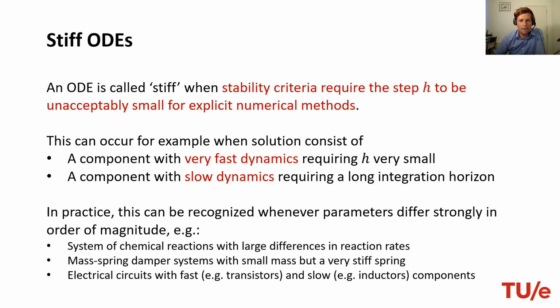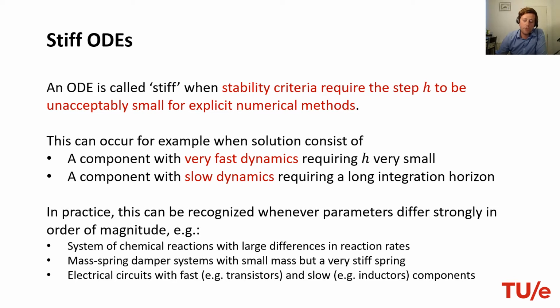Now, in practice, you can often recognize such systems whenever you have parameters that differ very strongly in their order of magnitude. For example, in a system of chemical reactions or chemical kinetics, when you have a very large difference in reaction rates between different equations, such that one reaction occurs very fast, whereas another one is relatively slow.